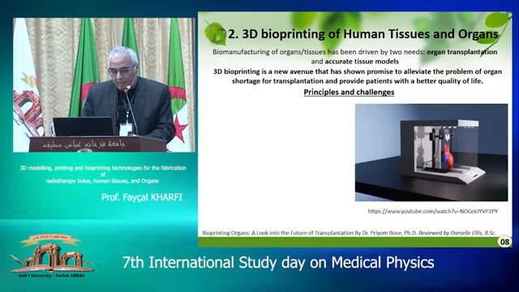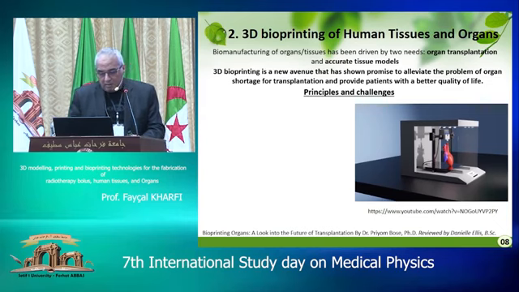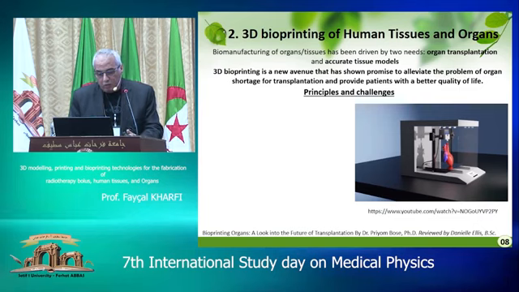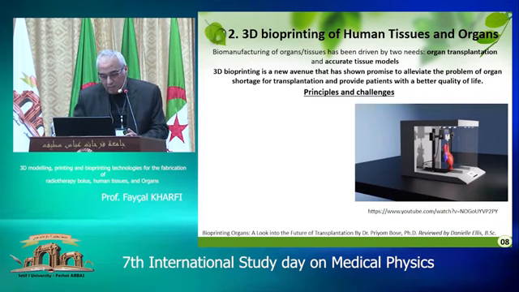I just want here to try to give you an idea about the different methods used in bioprinting, because bioprinting is a new avenue that has shown promise to alleviate the problem of organ shortage and transplantation and provide patients with a better quality of life.